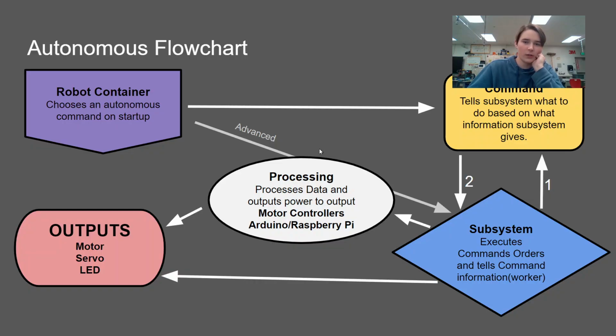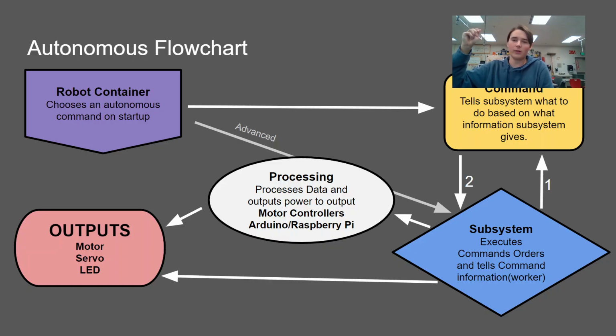The autonomous mode is actually a little bit simpler, just because you don't have to press a button to do things. You just set the robot's state, and then the robot does things automatically for you. So robot container usually chooses a startup routine. That means you can give it different autonomous modes. So maybe during a game, we have one where we want to score balls into a pit.